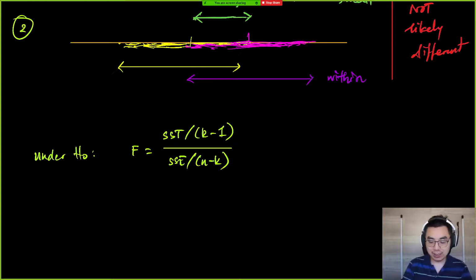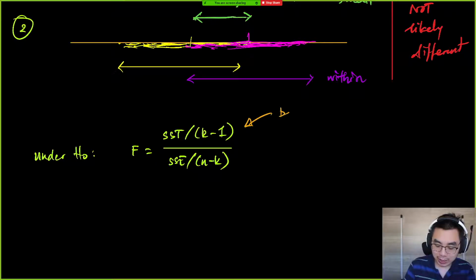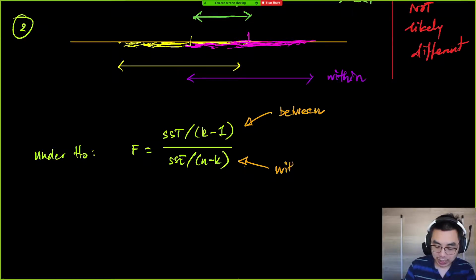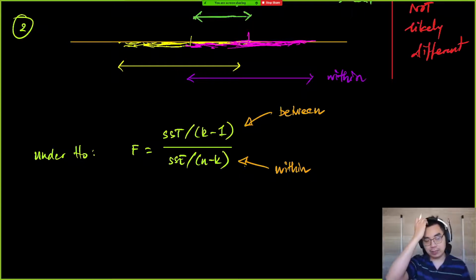Okay? This numerator here refers to between group variation, and this denominator here represents within group variation.